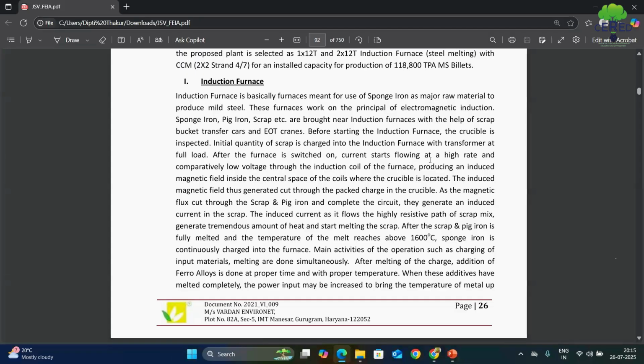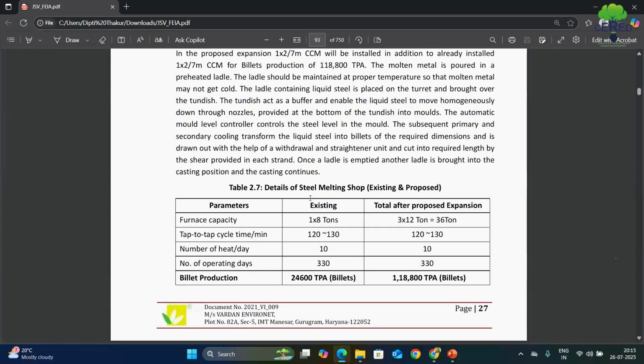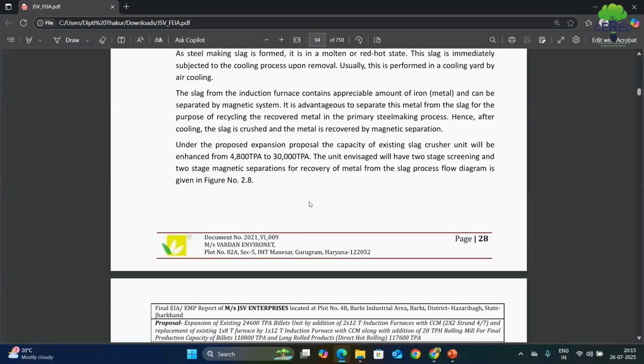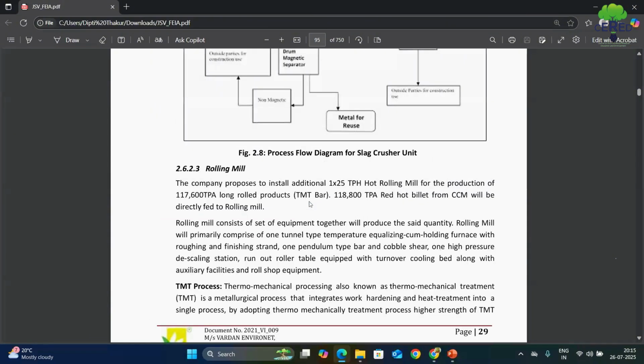Induction furnace total work process, the continuous casting machine work process, the slag crusher with magnetic or iron recovery system. All the technical points are mentioned in chapter 2. So basically chapter 2 is a technical part or technical section for the project. And then the rolling mill.